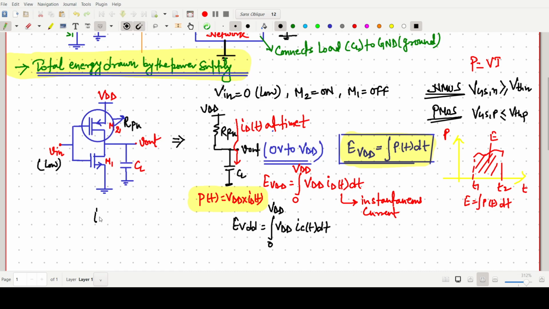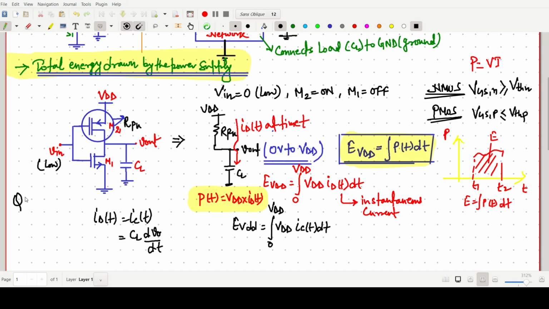I am writing here iD(t) or iC(t), and the current across the capacitor is nothing but simply CL dV0/dt. For a particular time instant, we are saying this voltage will be V0. So I am writing dV0/dt. iC(t) equals CL dV0/dt.